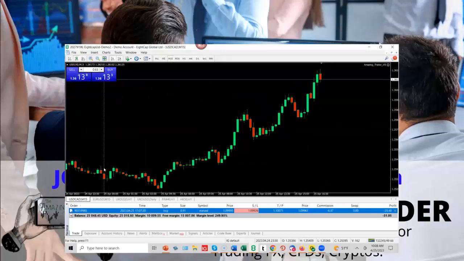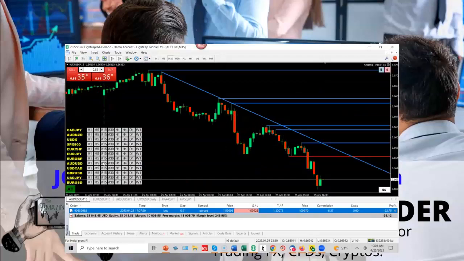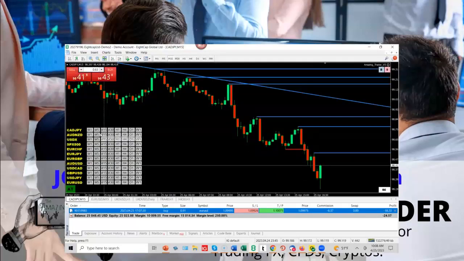Canadian dollar, all red. The Aussie dollar, all blue.